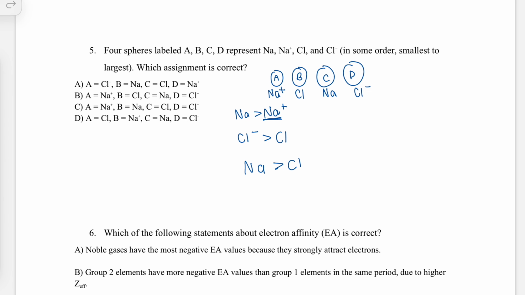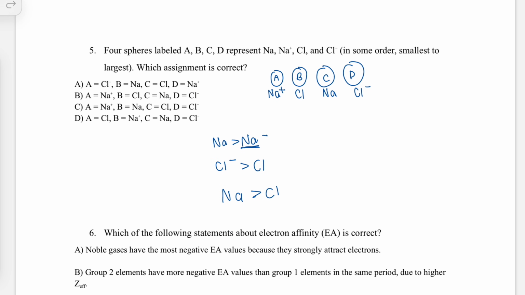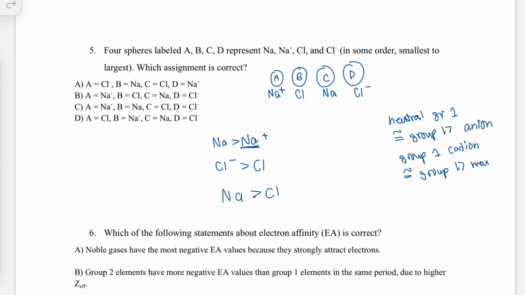And I just want to point out that in our lecture notes, it states that the neutral group 1 is basically equivalent to the size of a group 17 cation or anion. And then a group 1 cation is similar in size to the group 17 neutral atom.